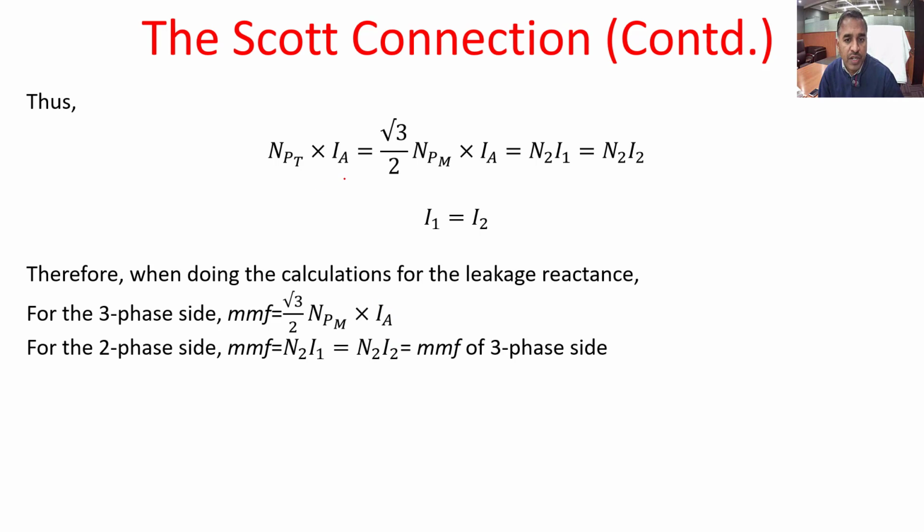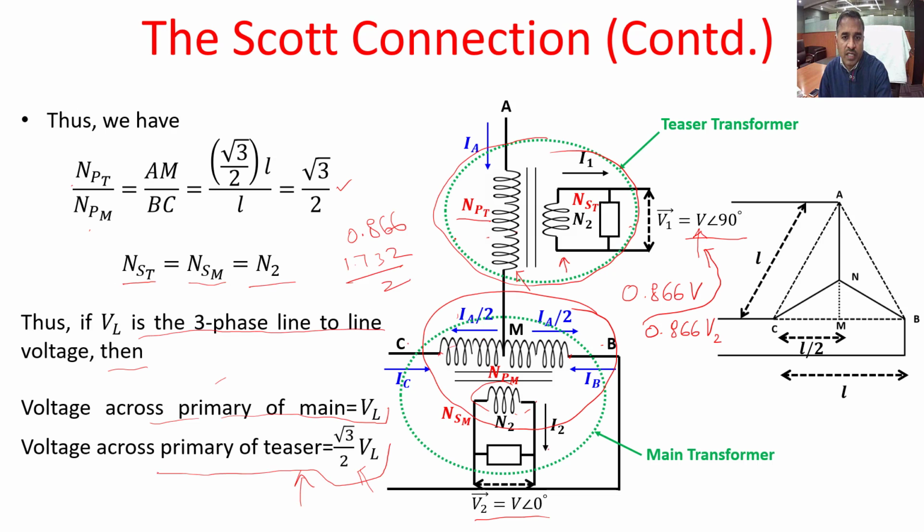Thus NPT into IA equals root 3 by 2 into NPM into IA, or equals N2 I2 equal to N2 I1, since I1 is equal to I2. So remember, NPT into IA, because IA is the current through this winding.